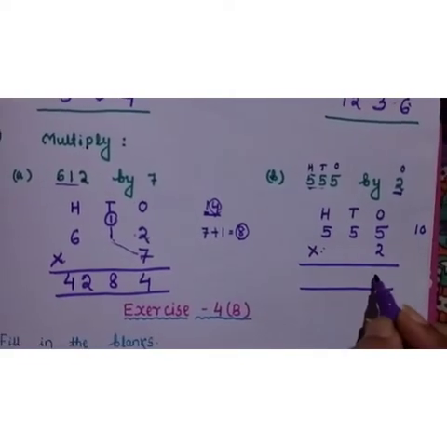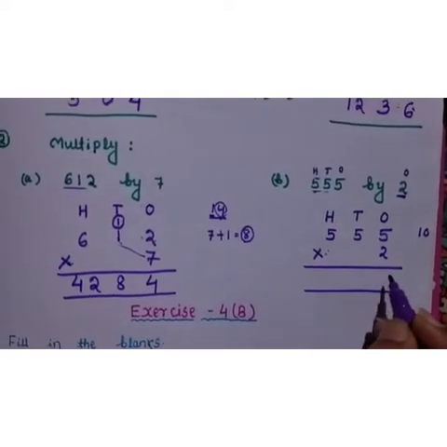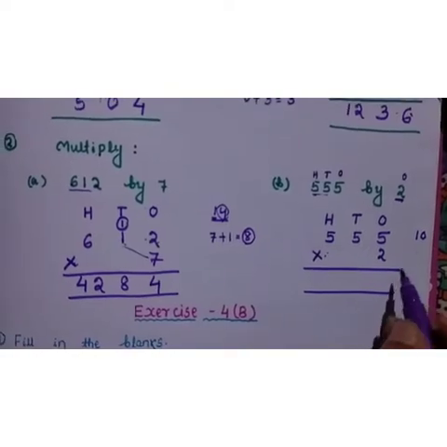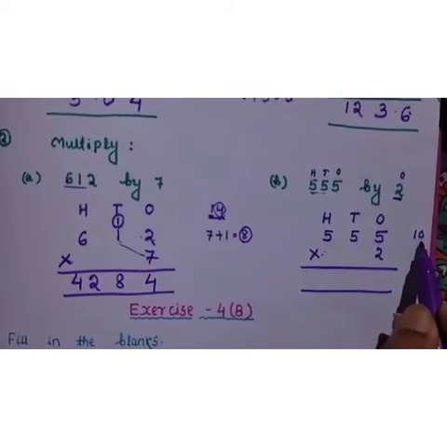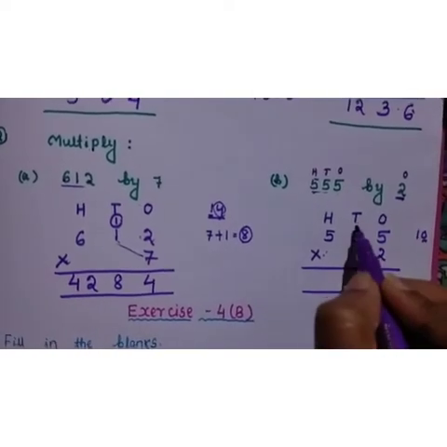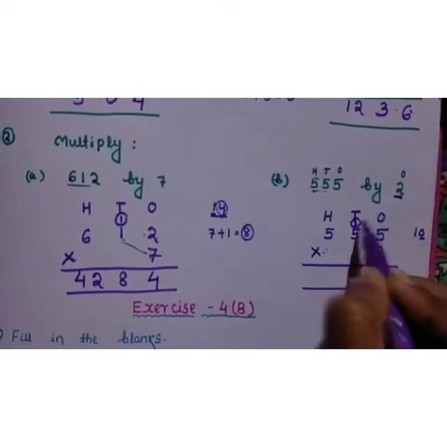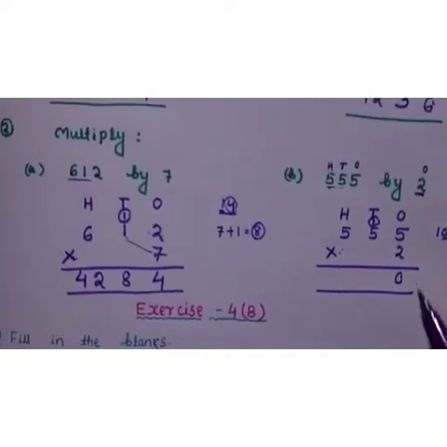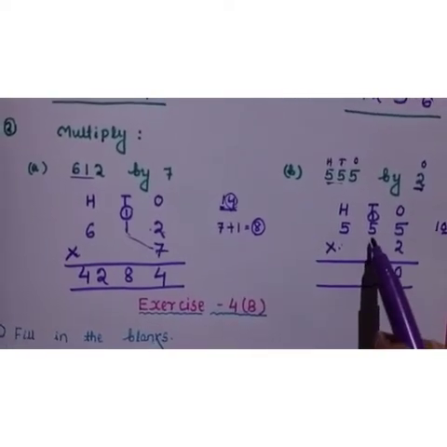So can you write here 10? No, we never write a 2-digit number together. So we write 0 under the ones column and take carry 1 to the next column, that means the tens column.